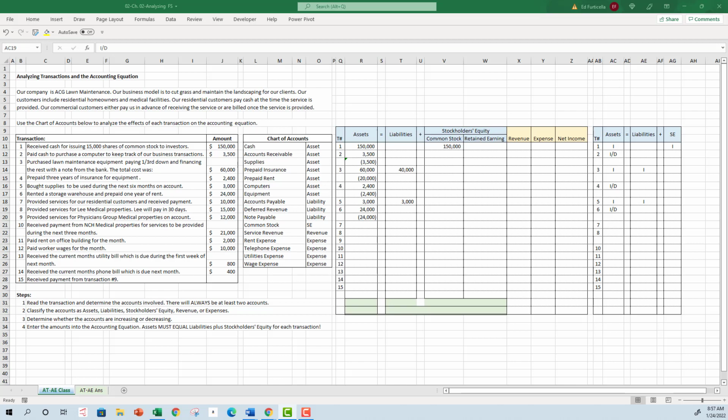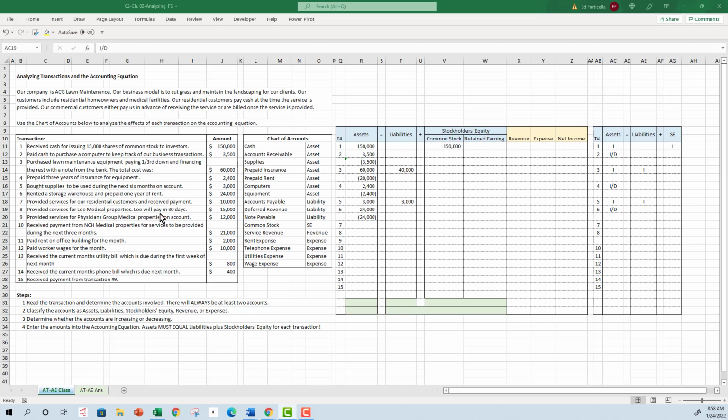Now let's look at transactions 7, 8, and 9. In every one of those transactions, we're providing services. In one case, we're receiving payment immediately, and in the other two cases, we're receiving payment at a later time.